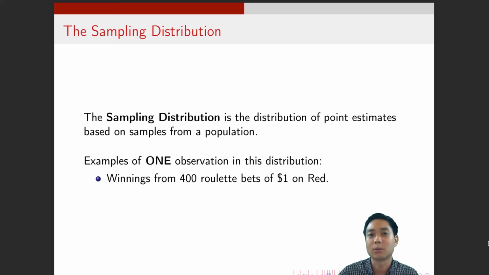You have that one observation. From the survey, you might have the proportion of people who support a certain president, and that gives you that one statistic. Now, the sampling distribution is a distribution of that statistic if it were to happen many, many times.